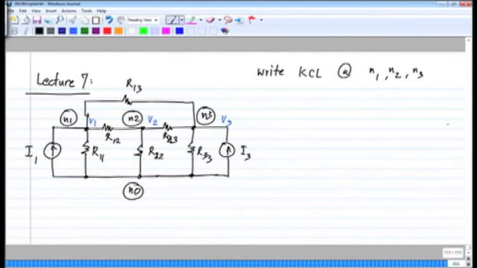If I do that and I group together all the variables, I group together the coefficients of each of these variables V1, V2, V3, I get the equations in a certain form, and I can express that in a neat matrix form, which I am going to write down now.